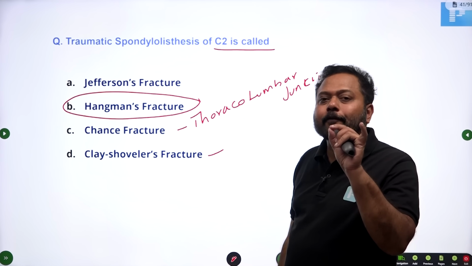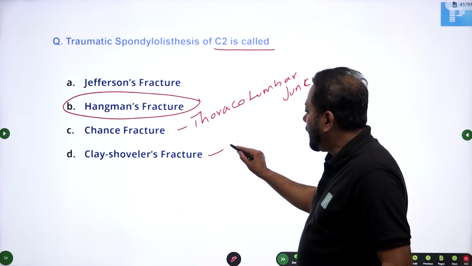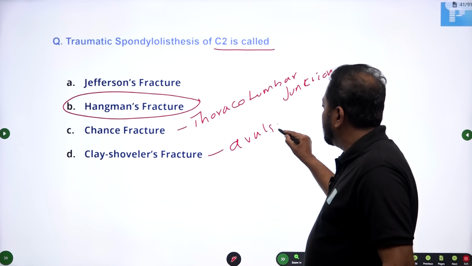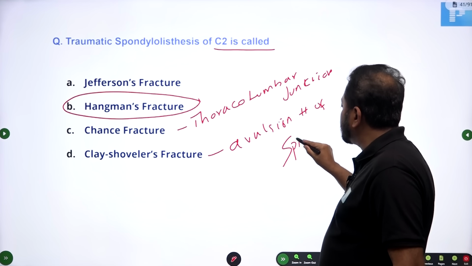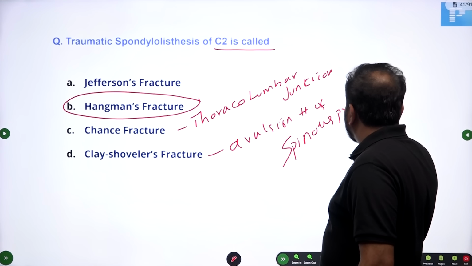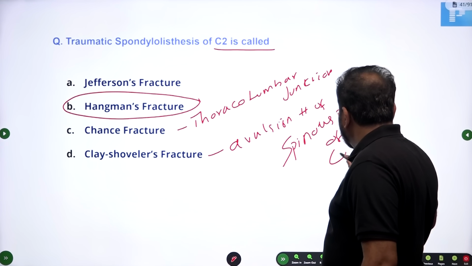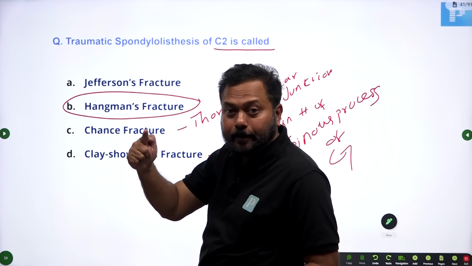Then Clay-Shoveler's fracture is again a harmless fracture. It is an avulsion fracture of the spinous process of C7. Seventh cervical vertebra has the longest spinous process.